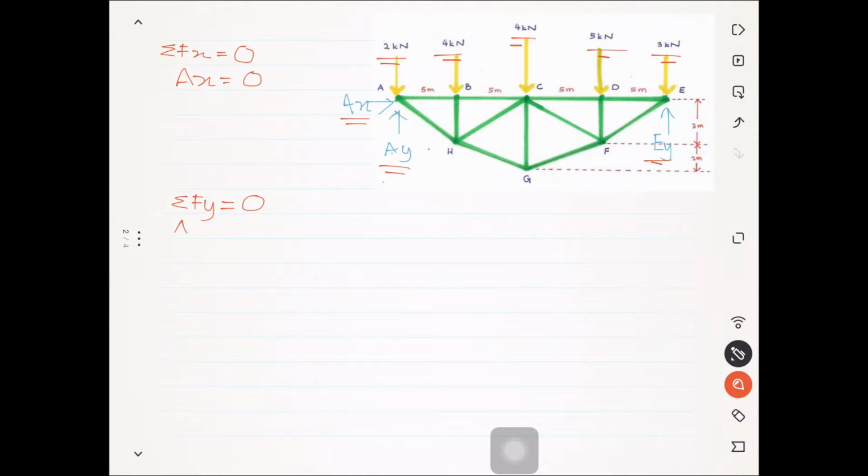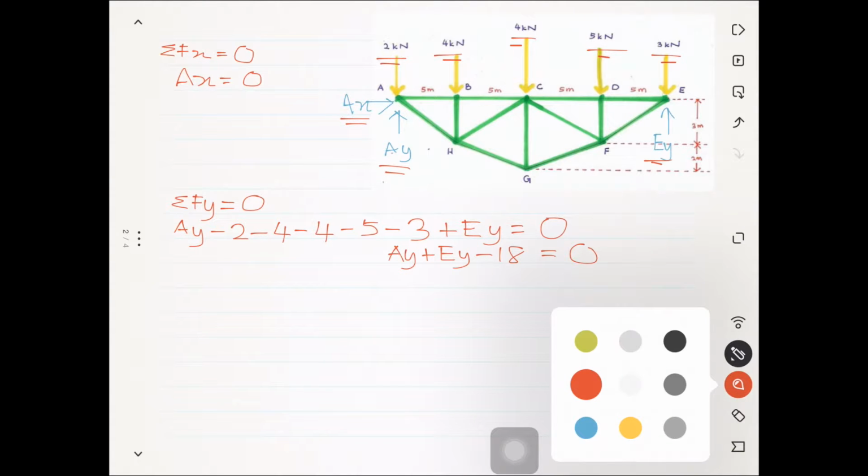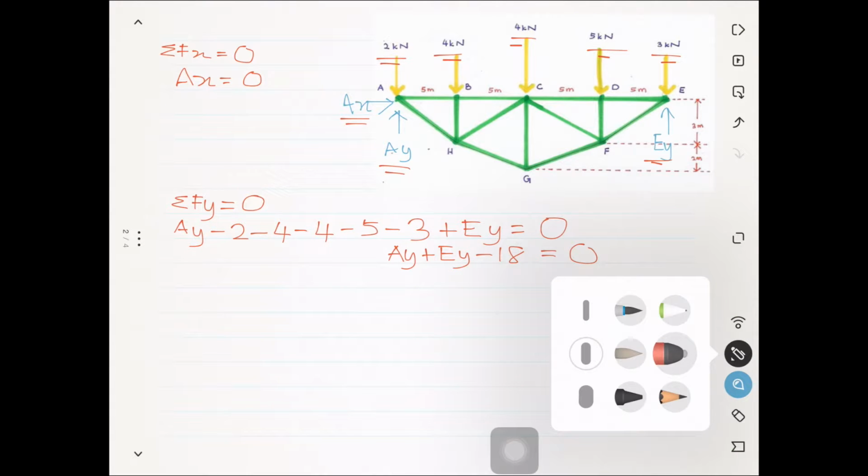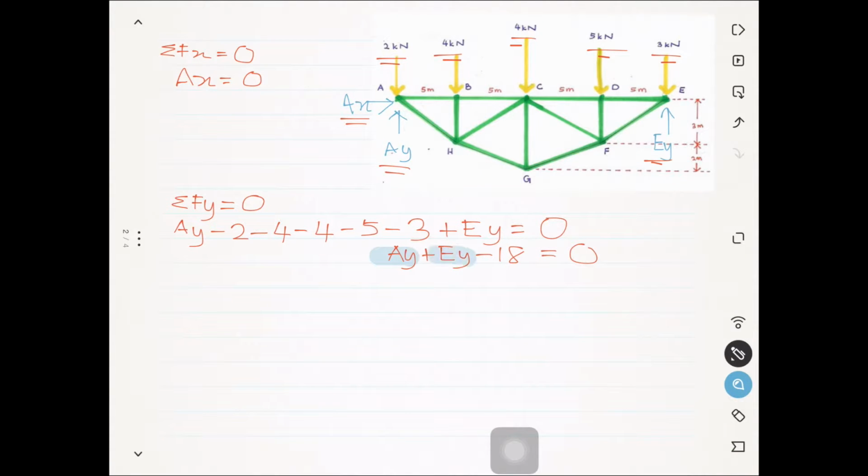So Ay minus 2 minus 4 minus 4 minus 5 minus 3 plus Ey. So we solve this. The answer is Ay plus Ey minus 18 equal to 0. Okay, we can't solve this because we have two unknowns.